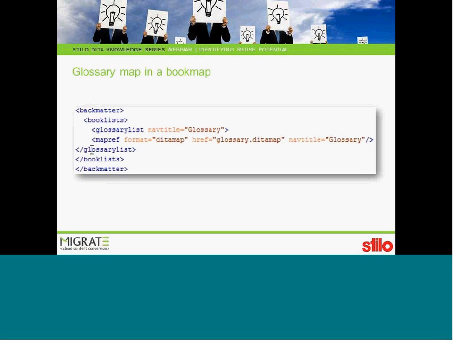So I think it's worth it. It's a lot faster for your authors than trying to maintain inconsistent definitions through definition lists. Even if you're conrefing in a definition list from here and there, it's just easier to maintain terms and definitions of any kind inside glossary topics, because then you can just wheel them in with this glossary map, which is really easy.